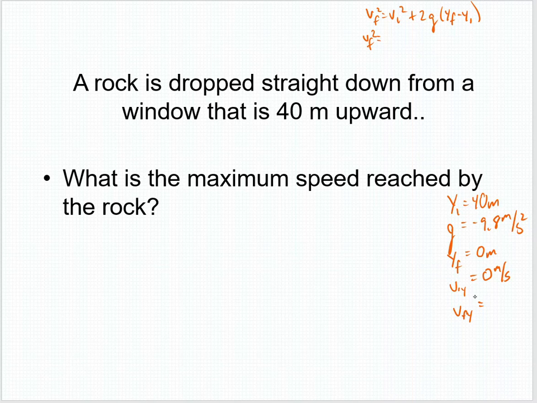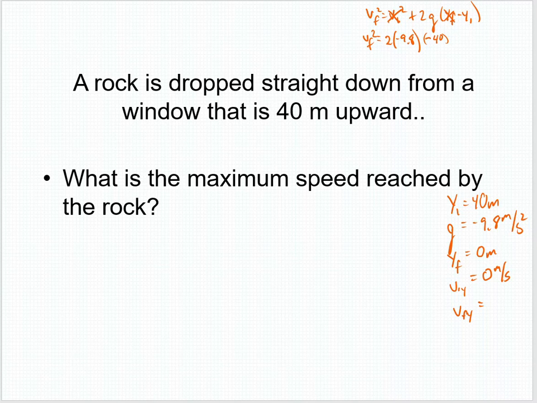Vi is initially 0, so I'm just going to go ahead and cross that out of the equation. 2g, so that's 2 times negative 9.8. Yf minus Yi. Well, Yf is 0. Yi is 40, so I'm going to get rid of my Yf because it's just 0 minus 40, or negative 40.